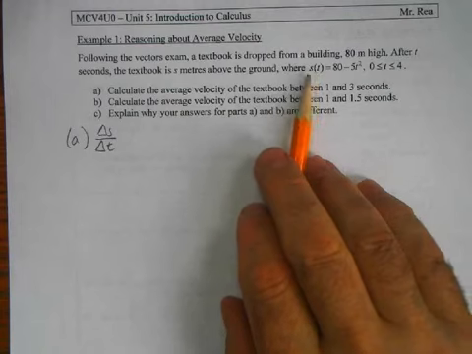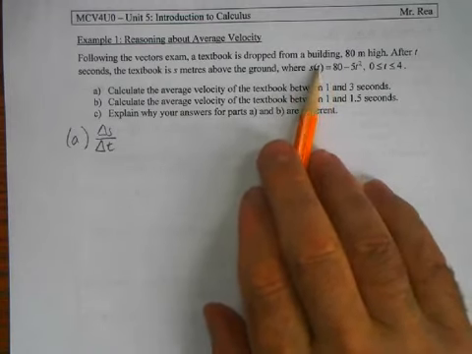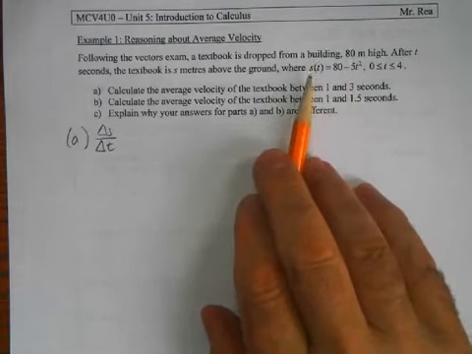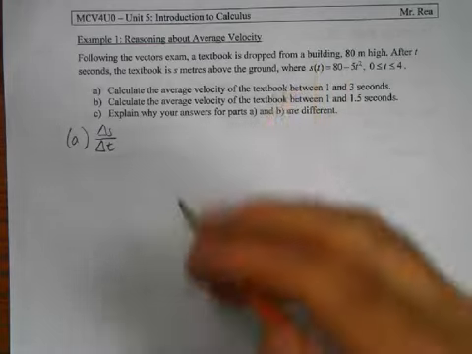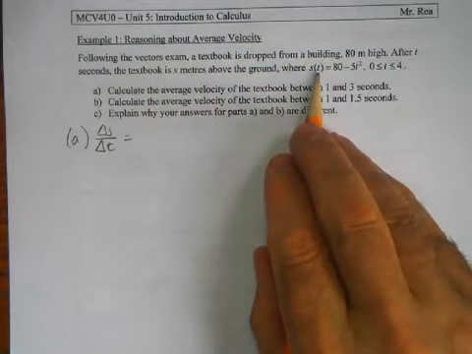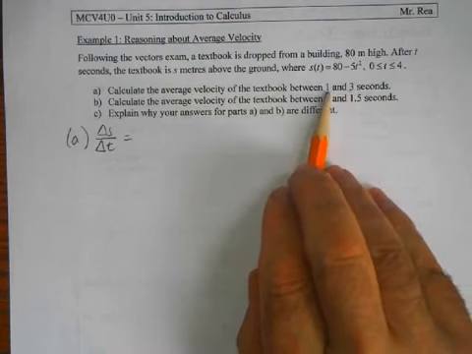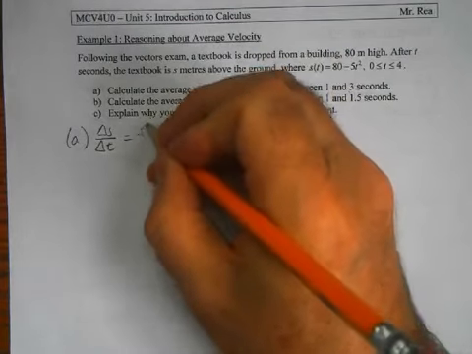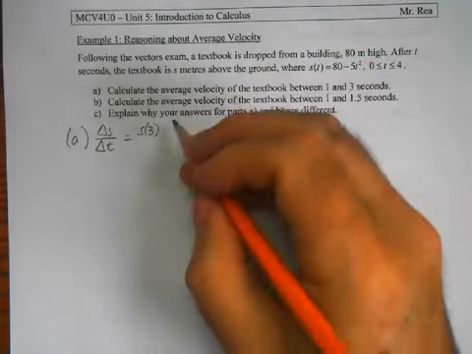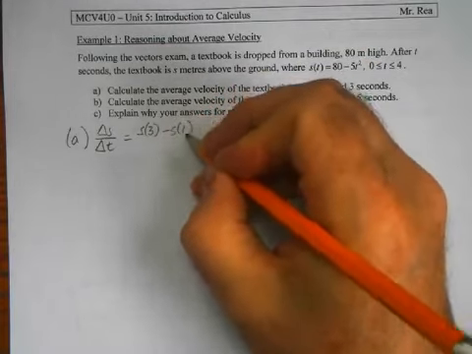So we're going to get the position at 1 second, the position at 3 seconds, and see how much both the position and the time have changed. If we relate back to this function s of t, it's going to be s of 3 minus s of 1. That basically means what was the height at 3 seconds, subtract the height at 1 second.